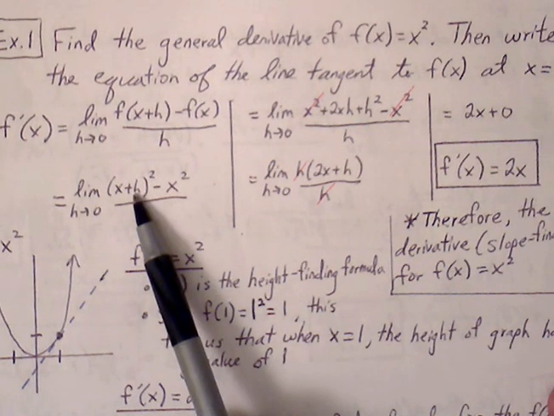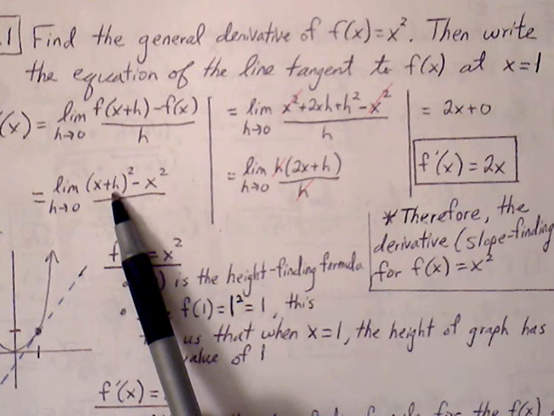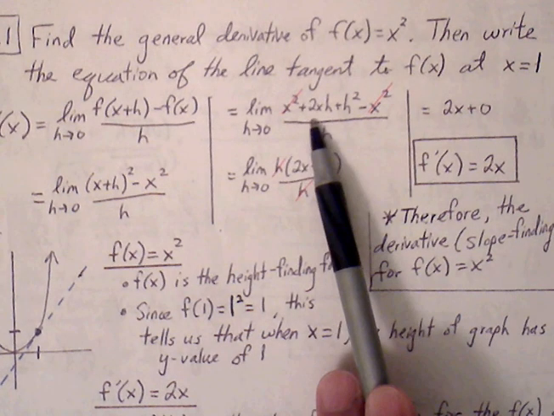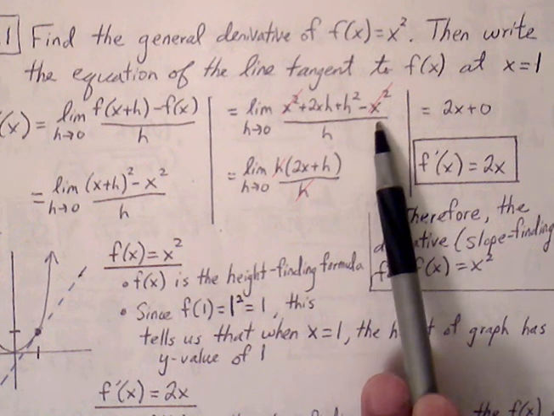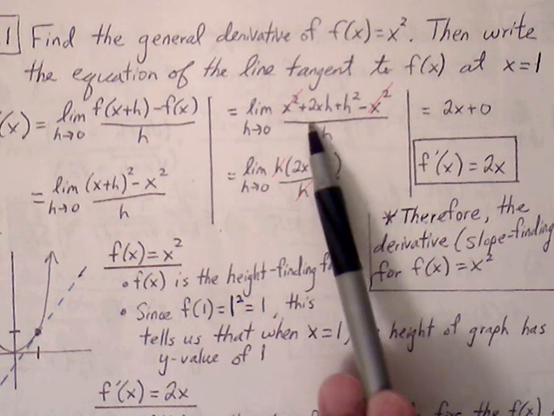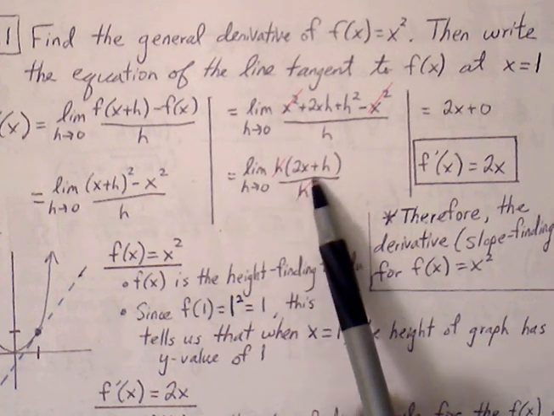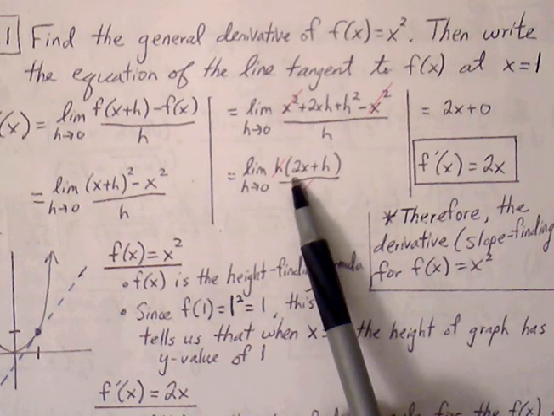So we're going to expand this x plus h quantity squared, leaving us with x squared plus 2xh plus h squared minus x squared. The x squared cancels out. We have a common factor that we can take out, being h, and then the h will cancel out with the denominator, leaving us with 2x plus h.